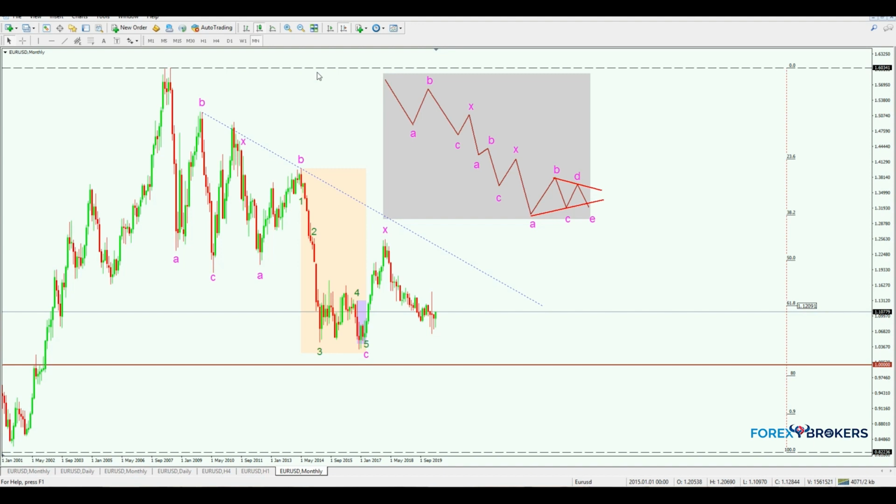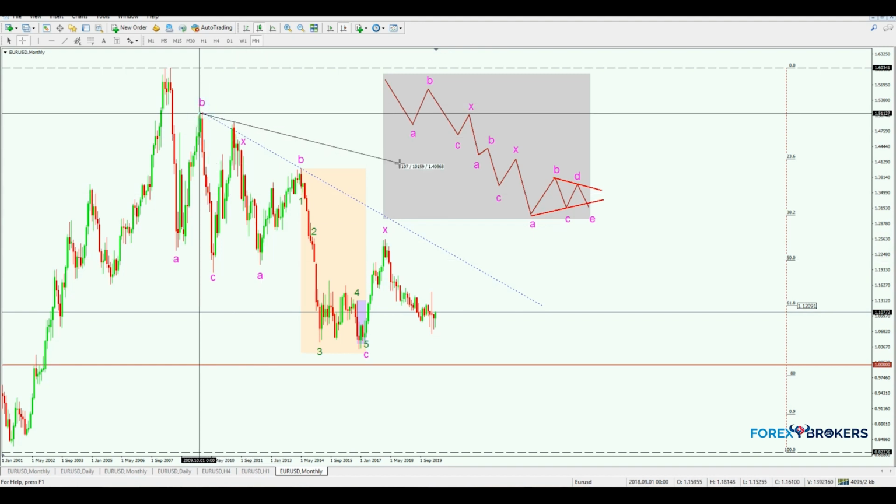No complex corrective pattern starts with a triangle. If the market here forms a triangle, it means that it goes A, B, C, D, E, and then you draw the so-called B2D trend line, and it is supposed to break the B2D trend line to the upside and move to the upside.